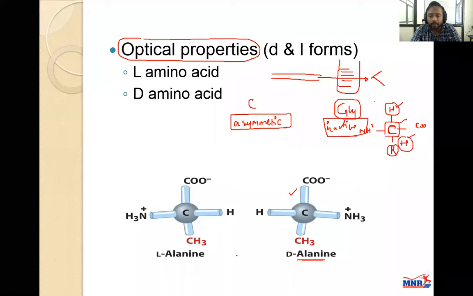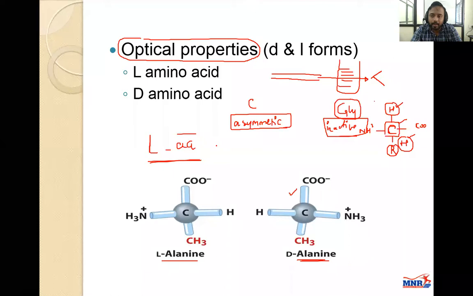Other than that, all the remaining have L and D forms. Okay, whether it rotates the light to the left or to the right. So most of the amino acids are L amino acids, which are present in almost all the organisms. Okay, including humans, most of the organisms will have the L form.